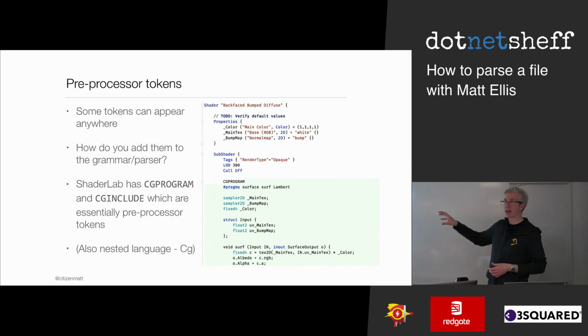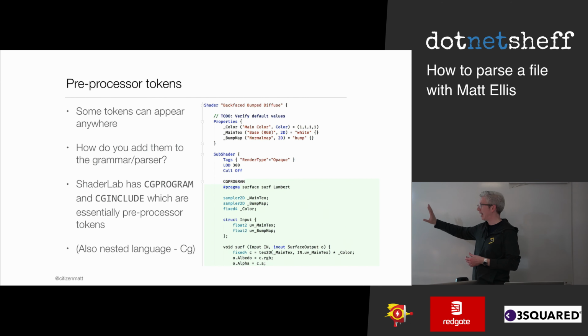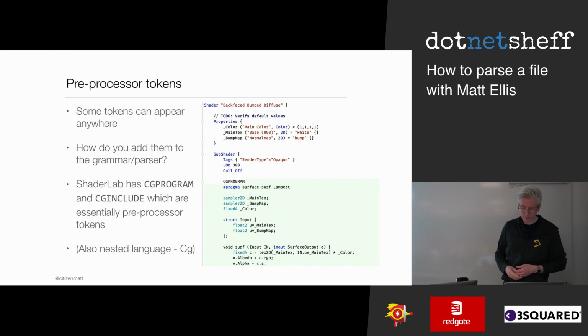And those can appear pretty much anywhere, and they get then translated into another language as the file is processed. But because they can appear anywhere, we need to deal with them anywhere. And it's like, how do you add that into your grammar and parser when these tokens can just suddenly pop up?